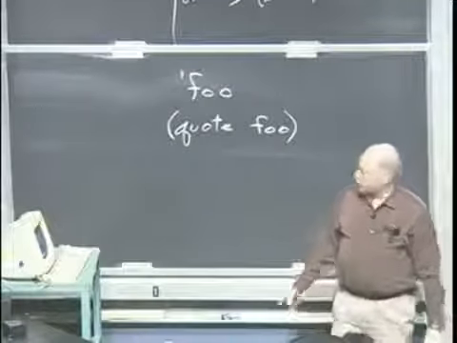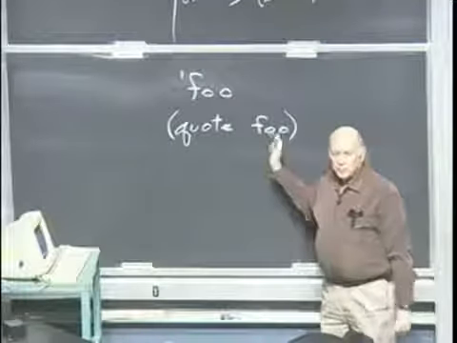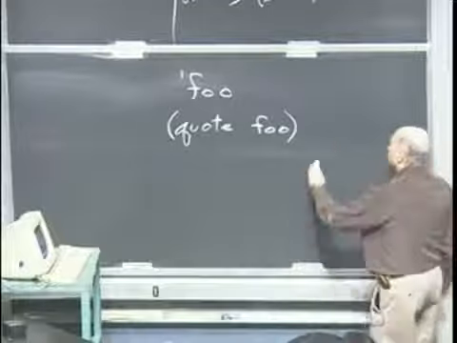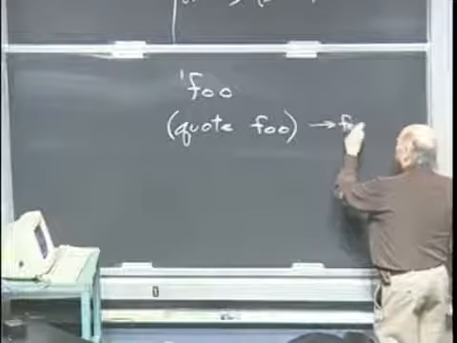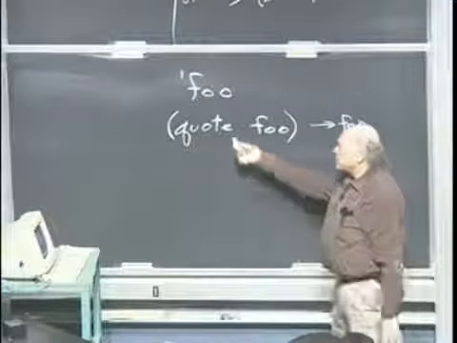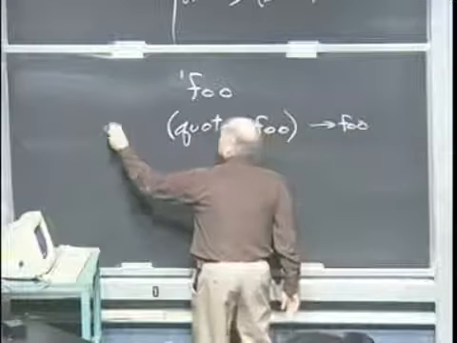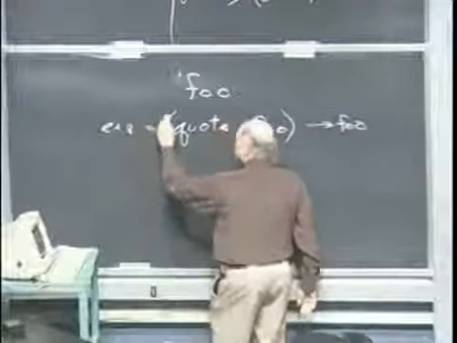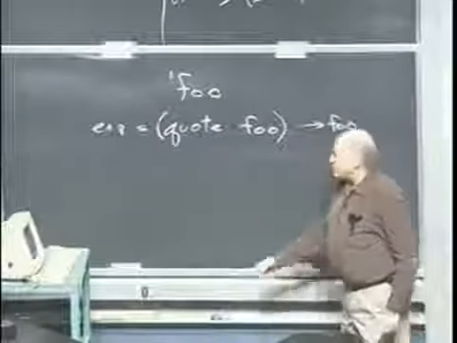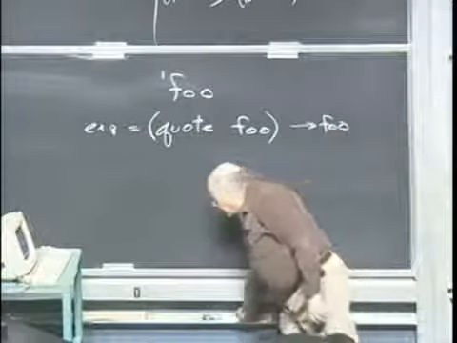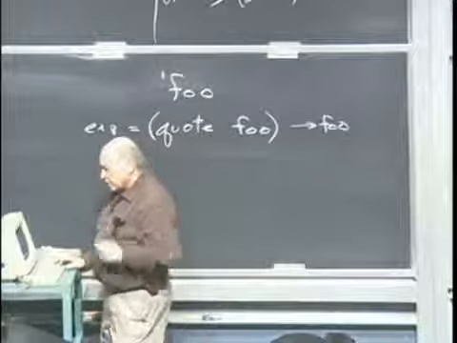So quote is a keyword. Quote foo is a special form. The value of quote foo should, of course, be foo, which is the cadr of the whole expression. So expression is quote foo. The value of that is the cadr. And that's what we do on this line where the cursor is blinking.